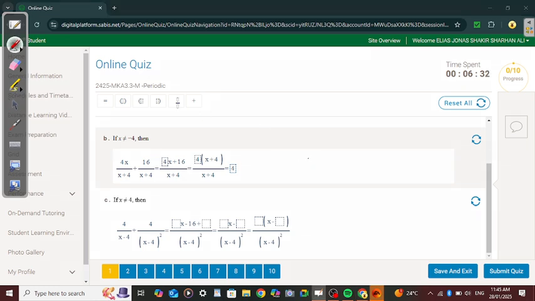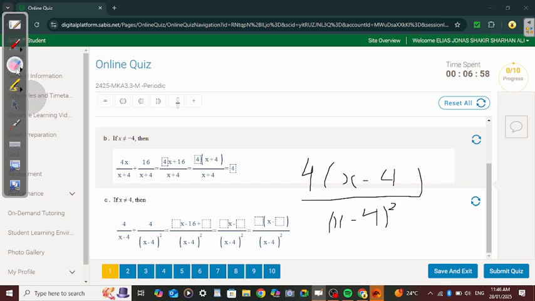So 4 multiplied by x minus 4 over x minus 4 multiplied by x minus 4, which is going to be x minus 4 squared. We got the common denominator, so we can just forget about it. Just forget that we ever wrote that.